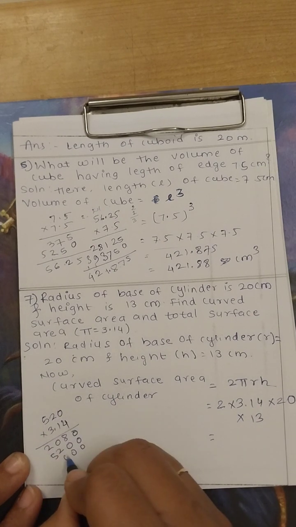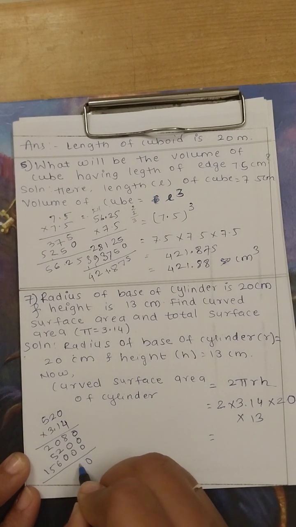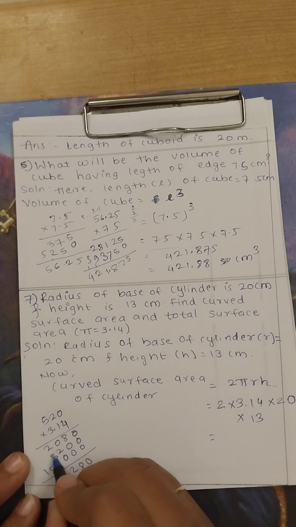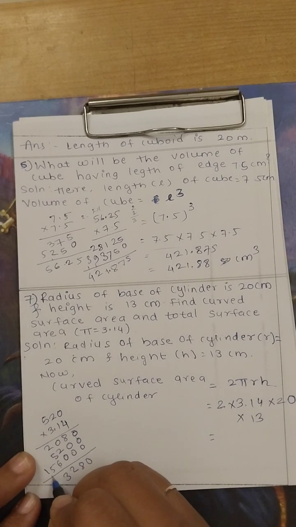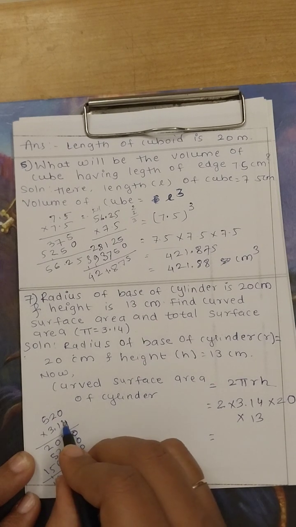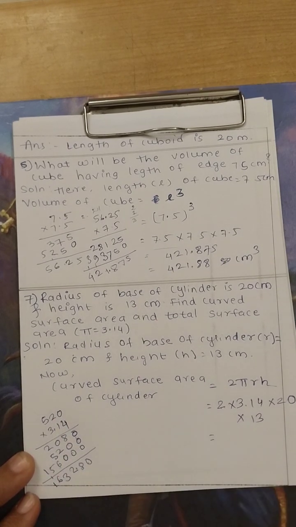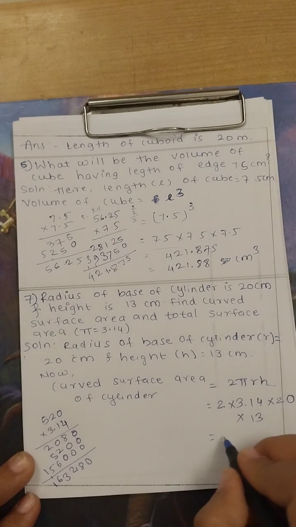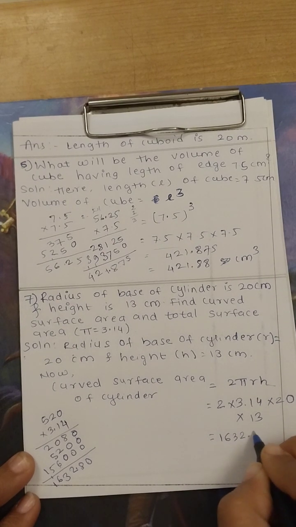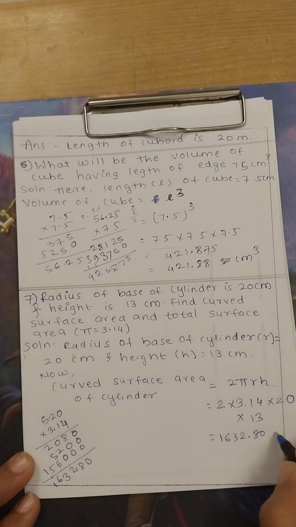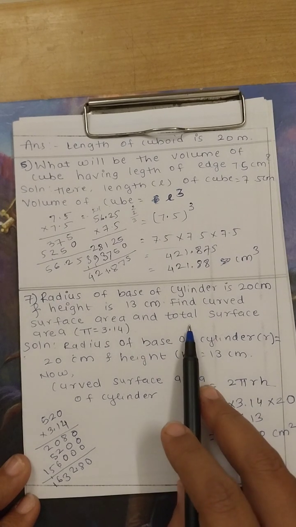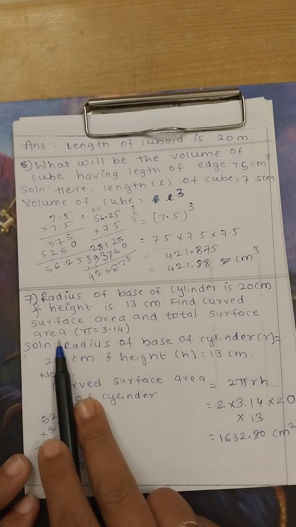Put 2 zeros, 3 zeros are 0, 3 twos are 6, 3 fives are 15. 0, 8, 2, 2 plus 5 is 7, plus 6, 13, 3 carry 1, plus 5 is 6, 1, 1, 2, 1, 2, which is equal to 1632.80 centimeter square, the total curved surface area of a cylinder. Are you getting? Okay.